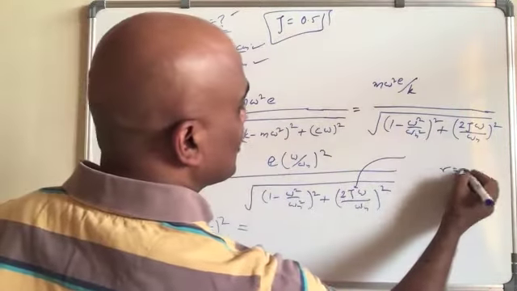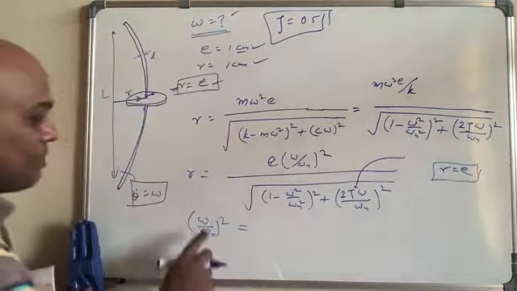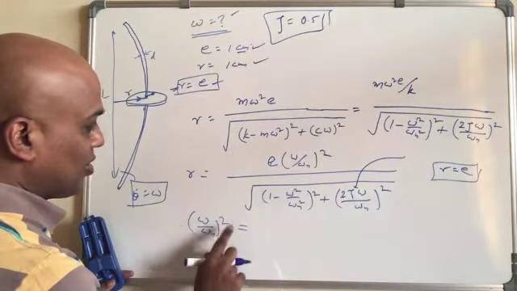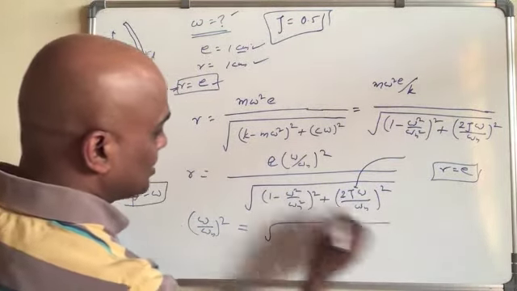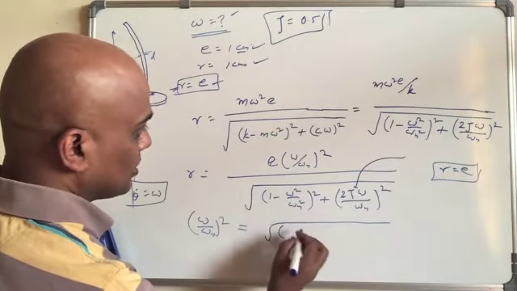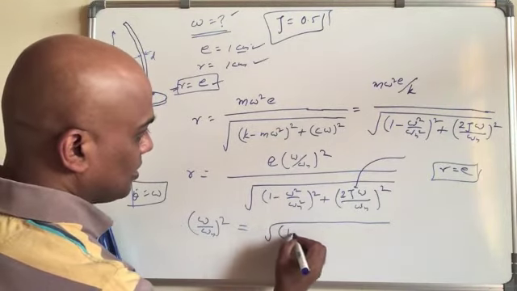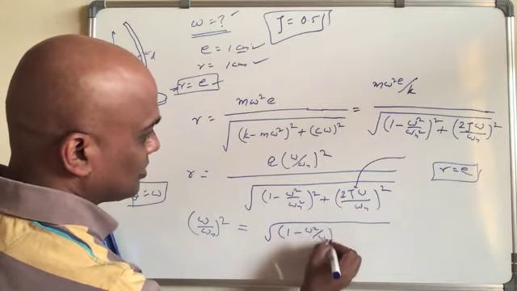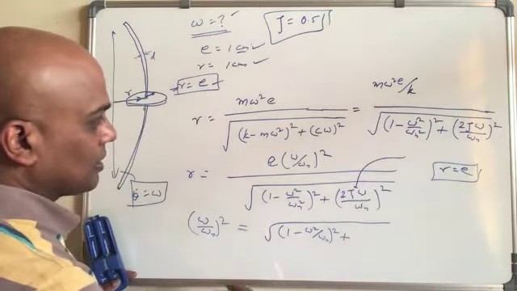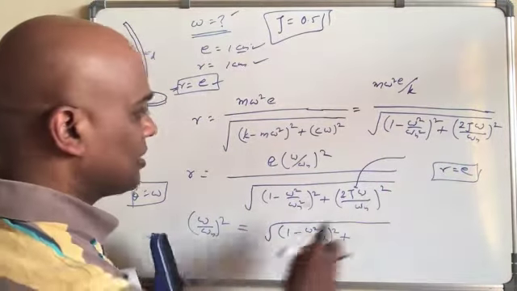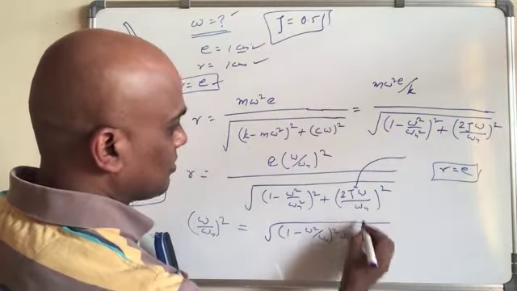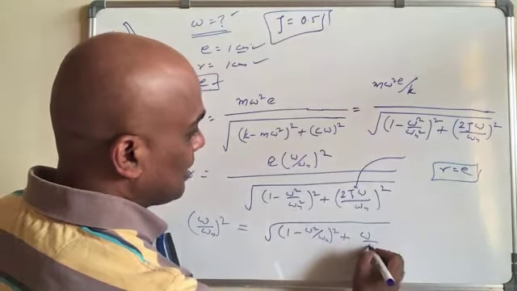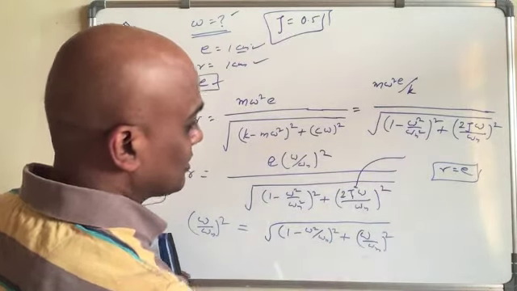So R equal to E value. If that is the case, you get omega over omega n square equal to simply 1 minus omega square over omega n square plus, and then you get 2 times 0.5 is 1, omega over omega n square, like this.